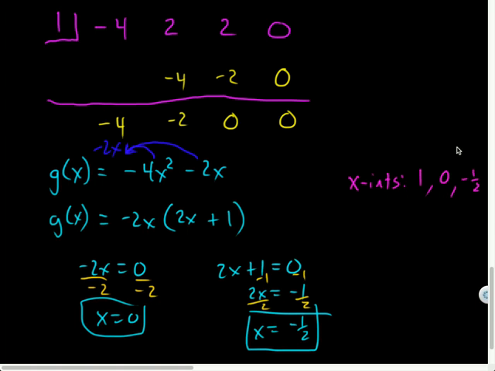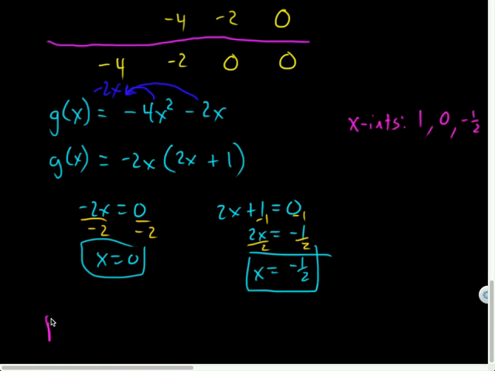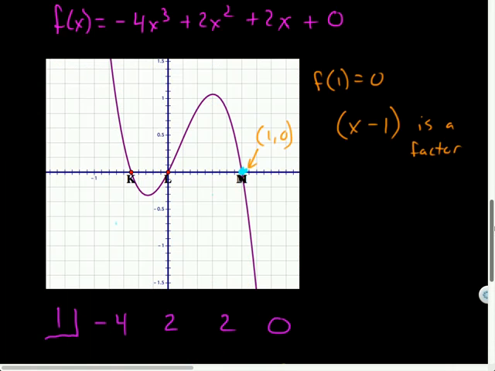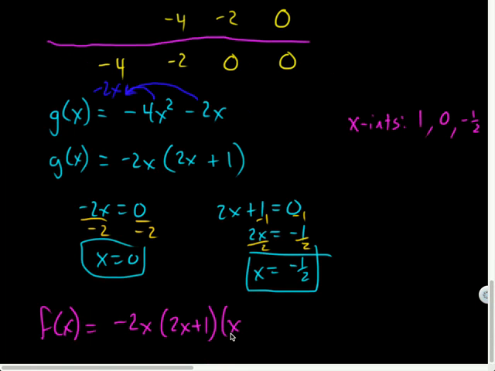And if I wanted to write my original polynomial, I think I called it f of x instead of p of x, it would be all of my factors put together. So -2x times 2x plus 1 times, and then what was my original? x minus 1, right? It was a factor.